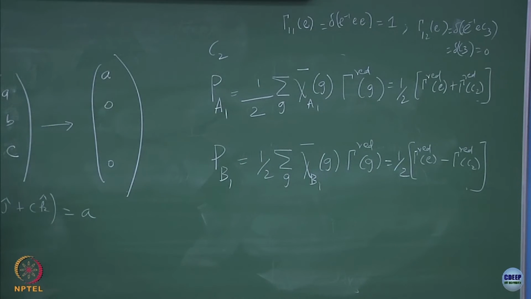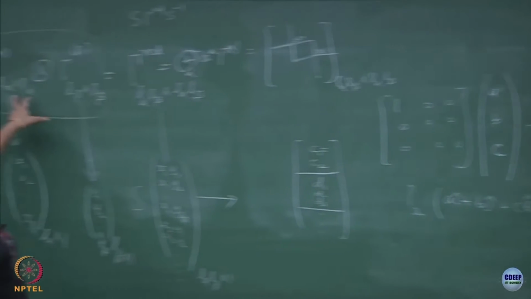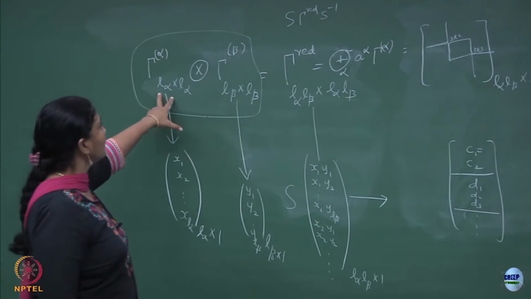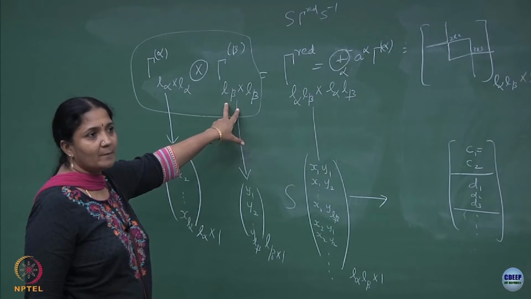So, these are the two projection operators which I could write for a reducible representation, and how have I constructed the reducible representation? I have taken some L alpha cross L alpha matrix multiplied with L beta cross L beta matrix.